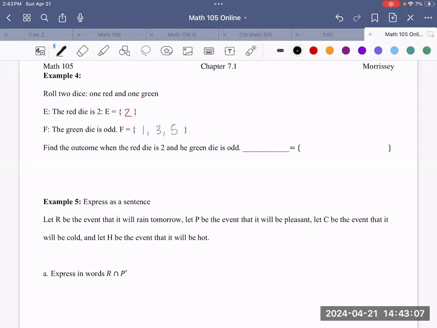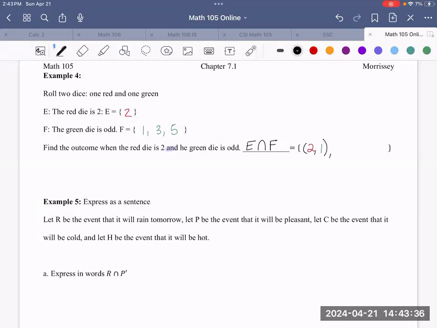Okay, we're working with 2 different dice now. We're looking for the red die to be 2. And, and being the keyword, the green die is odd. So 2 and 1, right? Red is 2, green is odd.